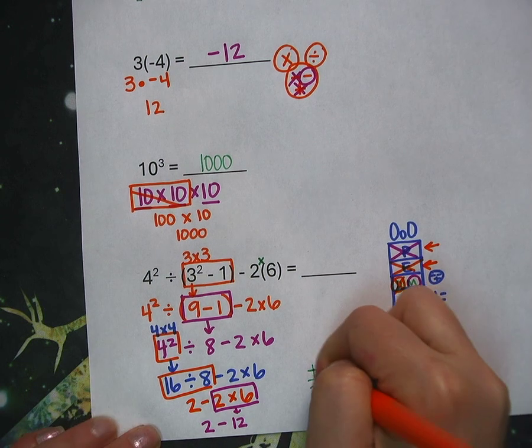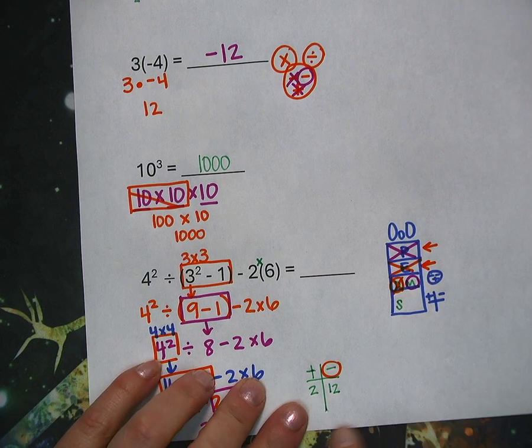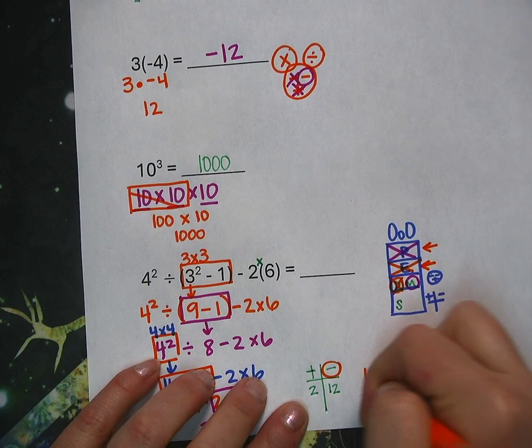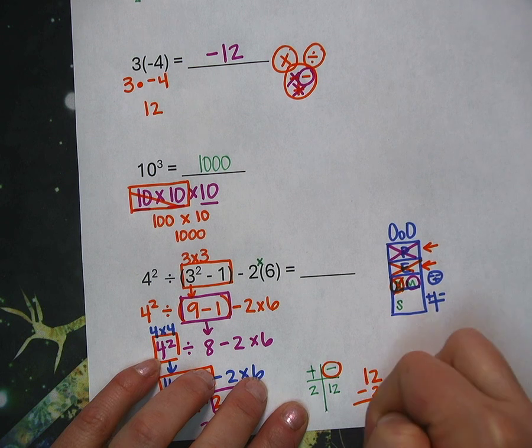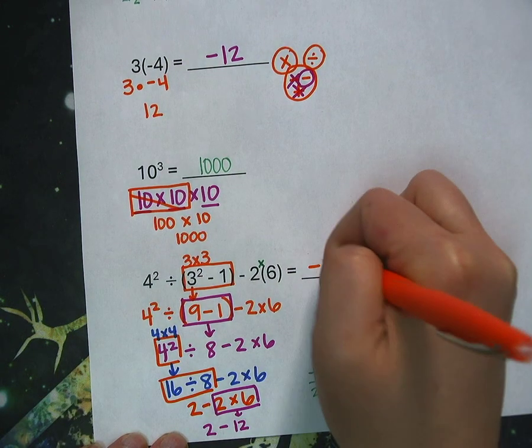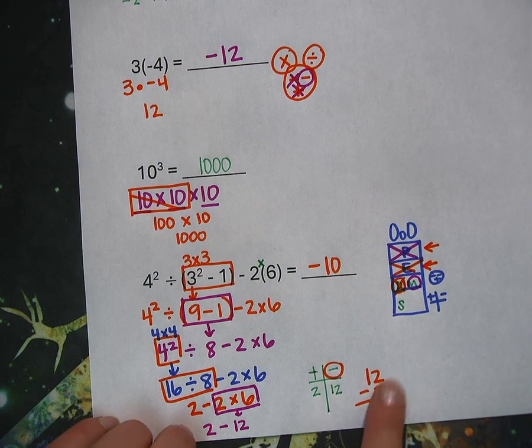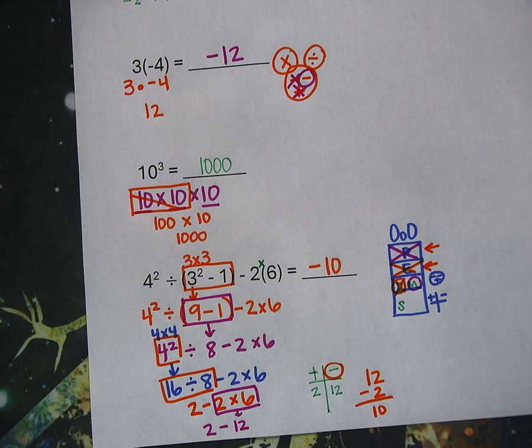That's going to be my team negative, and I am going to have different signs. So I'm going to have to subtract 12 minus 2, and I get 10. So my final answer will be negative 10. Remember, because they were on different teams, we subtracted. And that is your recap of integers and order of operations.